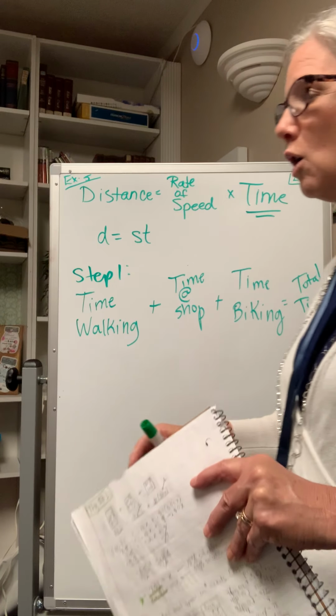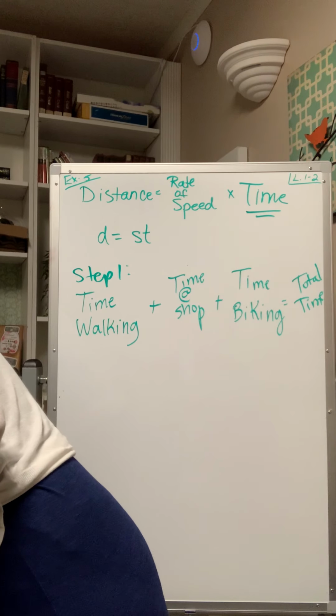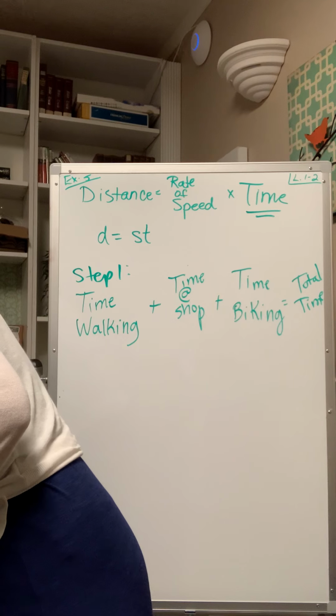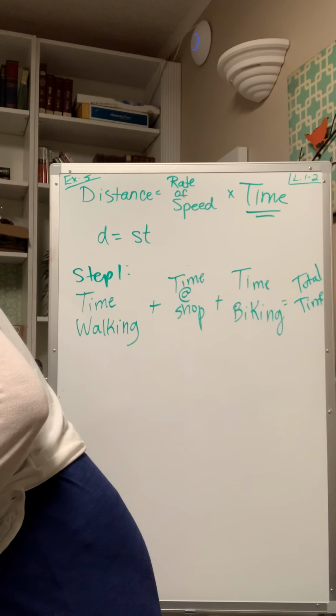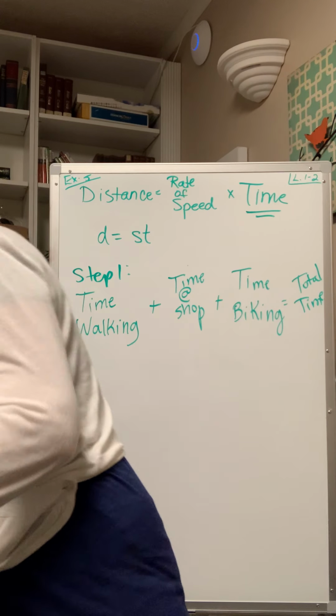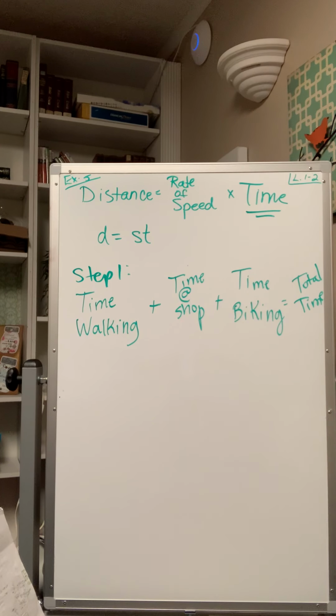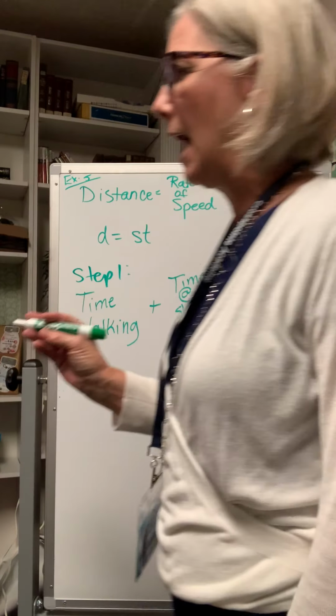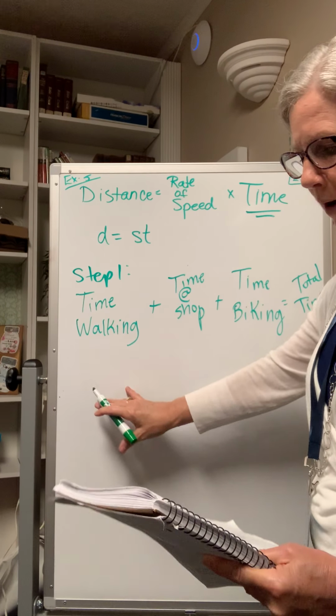So in this case, we are told in the problem that she was traveling to the bike shop, and it was 1.5 miles from her house. And it says she was traveling at 3 miles per hour. All right, so here's how you write the rate for that.